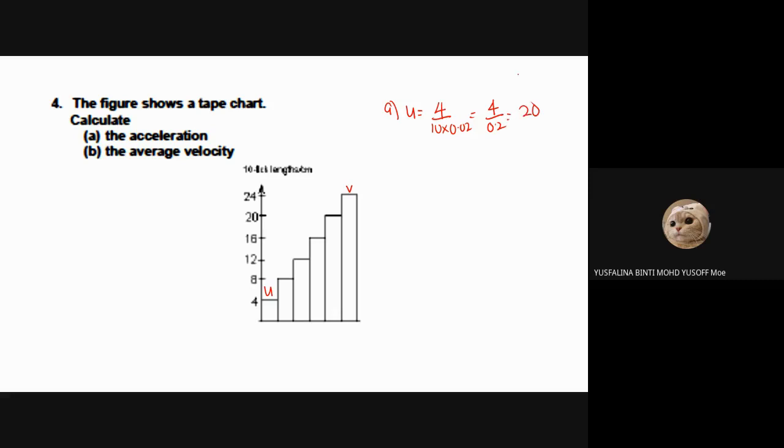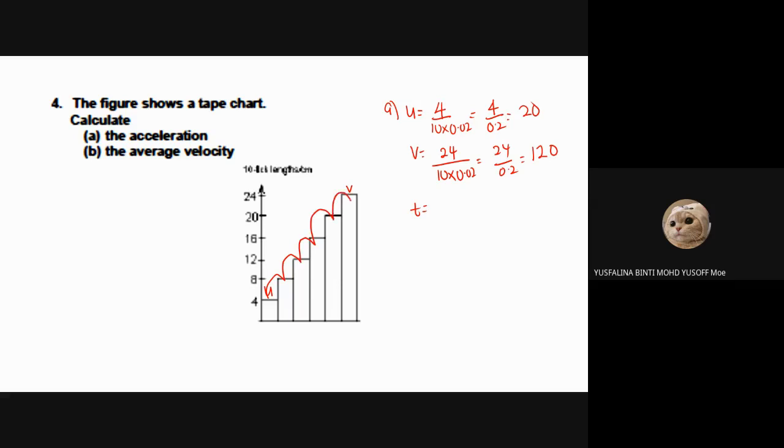And then for V, it is S over T. So 24 divided by 10 multiplied by 0.02, so 24 divided by 0.2, you will get 120. Okay, that's 120.